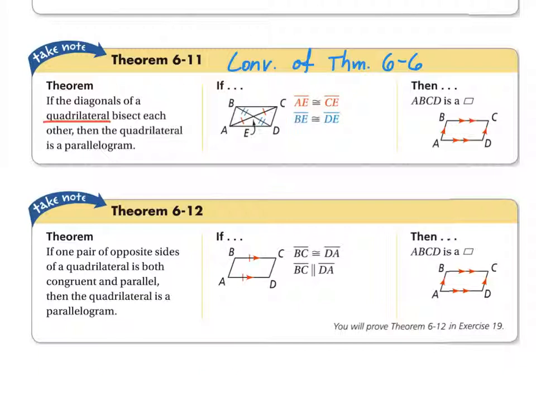So Theorem 6-12 says that if we have a quadrilateral and one pair of opposite sides are both parallel and congruent, that is then enough to say that we have a parallelogram. Okay? Questions?